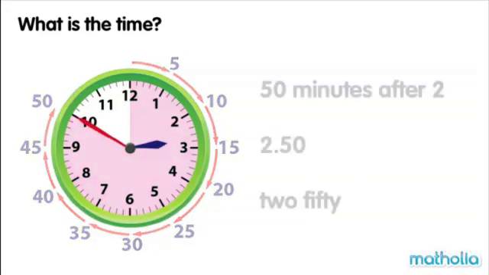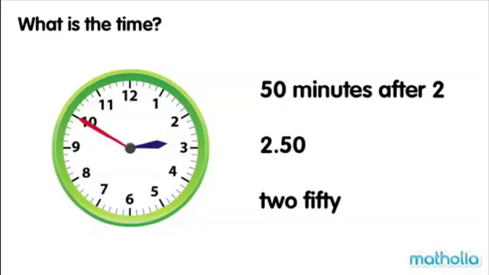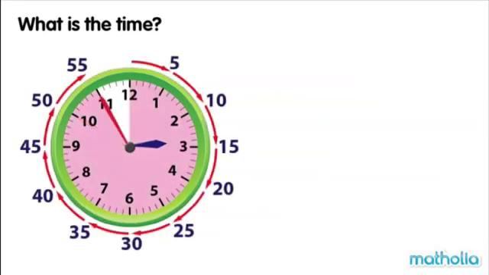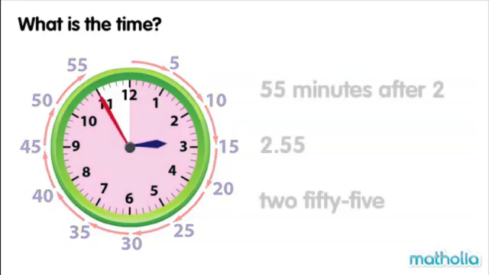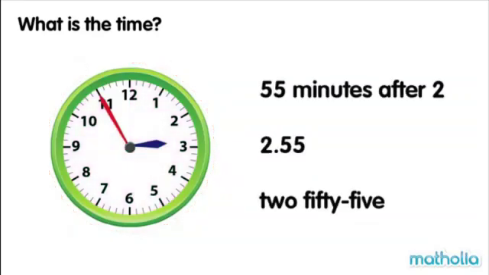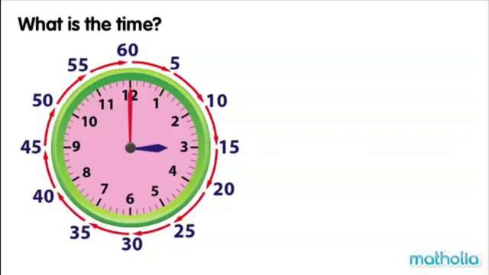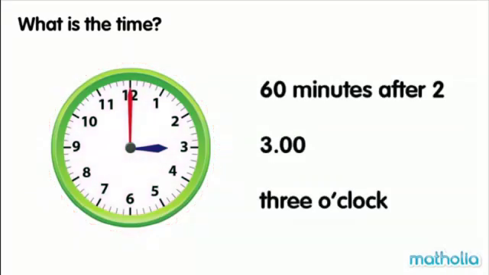What's the time? 50 minutes after 2. It's 2:50. 55 minutes have passed. What's the time? 55 minutes after 2. It's 2:55. 60 minutes have passed. What's the time? 60 minutes after 2. It's 3 o'clock.